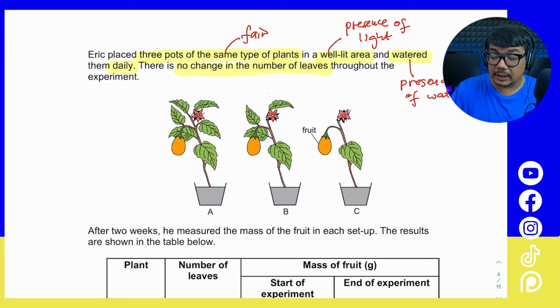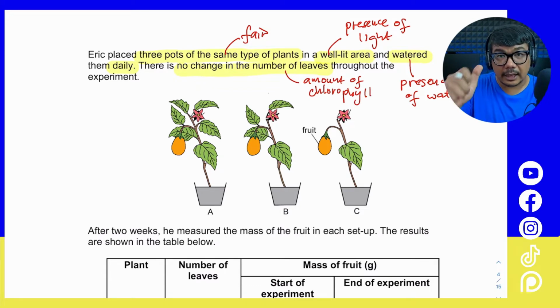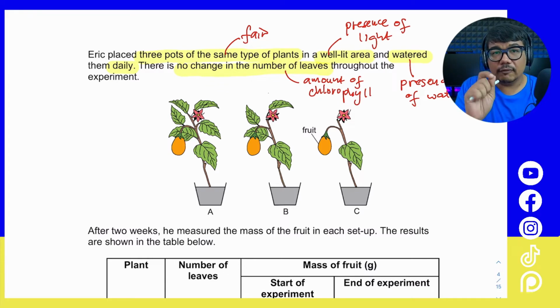One thing about the leaves is that this tells you about the amount of chlorophyll. First we were talking about light, then water, and then chlorophyll. This is 3 out of the 4 components needed for photosynthesis to take place. The other component would be carbon dioxide.